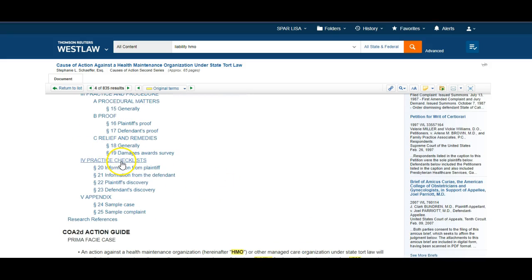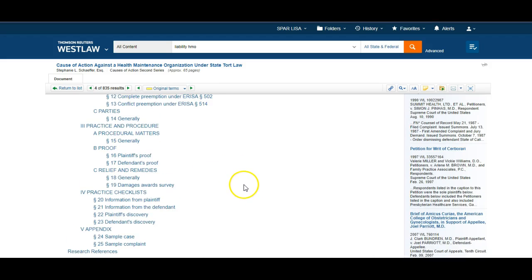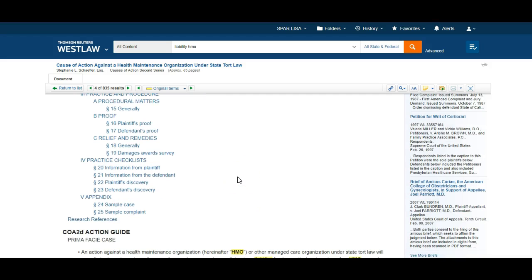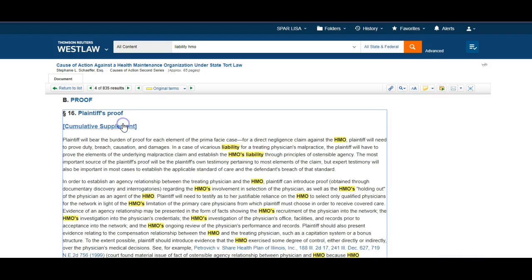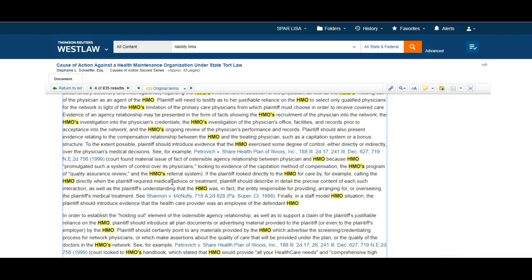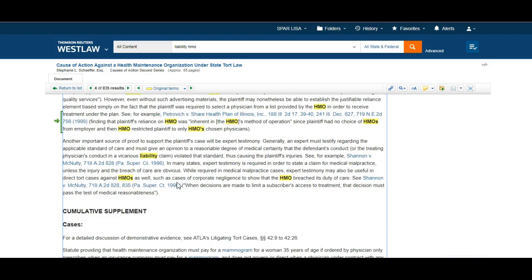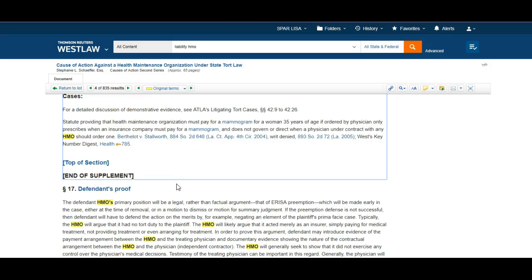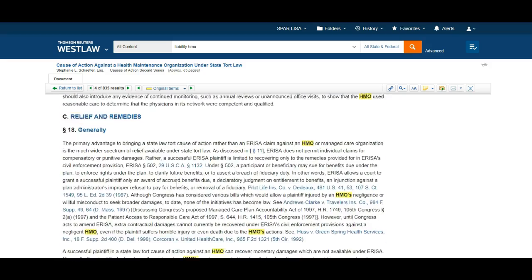Again, those checklists, as I just said, be very happy if you see a checklist. We actually see examples of plaintiff's proof, defendant's proof. See what that's all about. So it's talking about the burden of proof, very practical and practice-oriented.